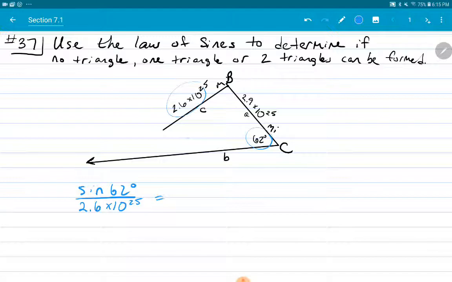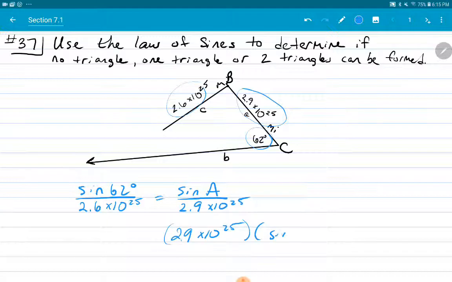To find angle A, we start with this side. So we get sine of angle A over 2.9 times 10 to the 25th. Then to solve for A, when I cross multiply, I get 2.9 times 10 to the 25th times sine of 62 degrees.